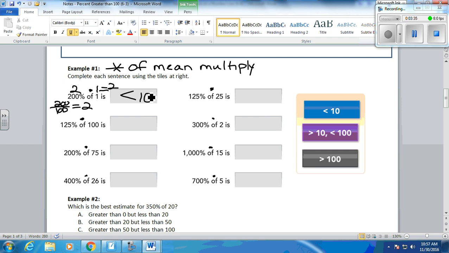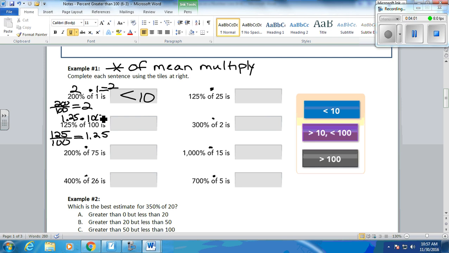So I have 125% of 100. So again, 125% is equivalent to 125 divided by 100 as a fraction. So if I do 125 divided by 100, I get 1 and 25 hundredths. And 1 and 25 hundredths times 100, well, I know that 1 times 100 is going to give me 100, and then multiplying by a fraction of 100 is going to give me a little bit more.